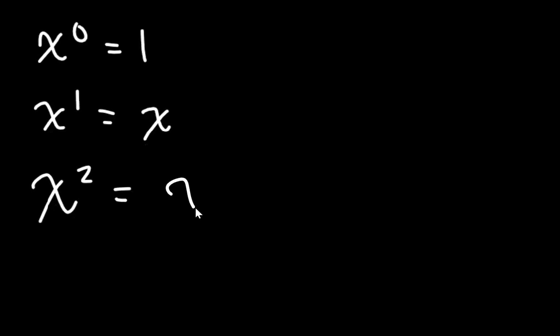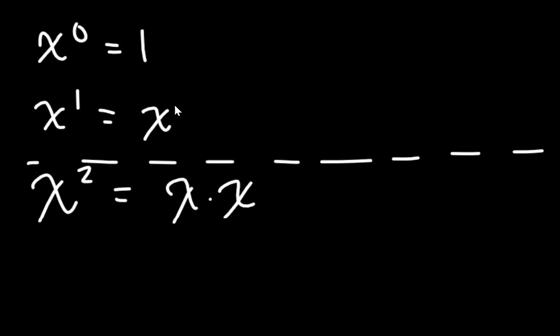So for example, x to the 0th is 1. x to the 1 is x. And then you just start doing that, and it's just like normal. But these are the things you need to remember.